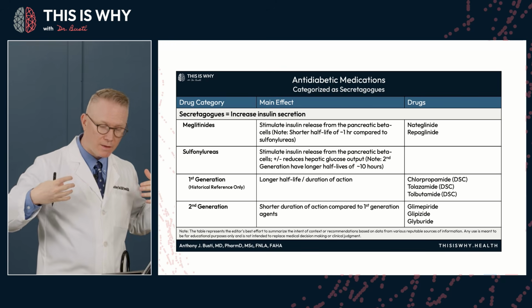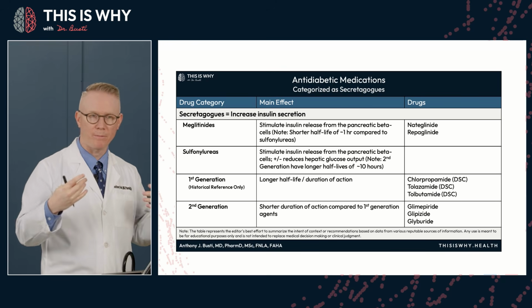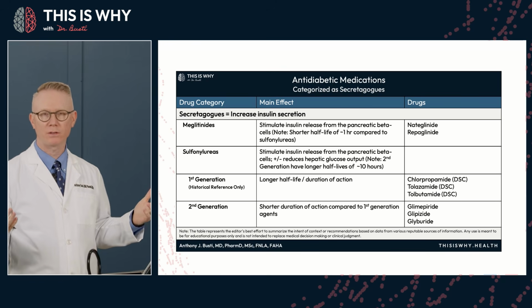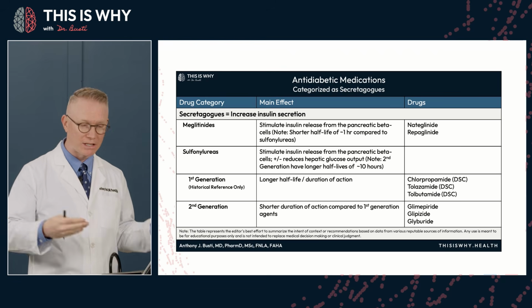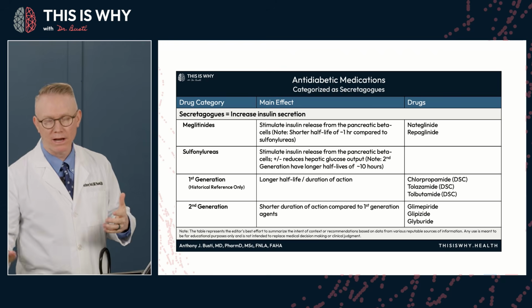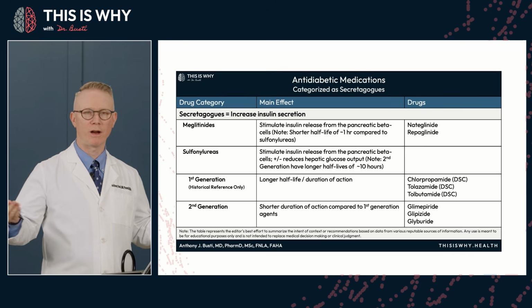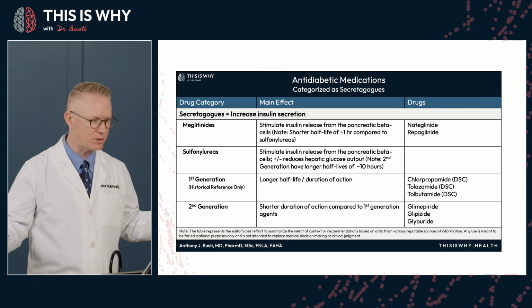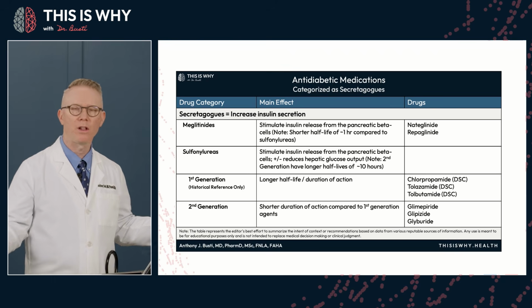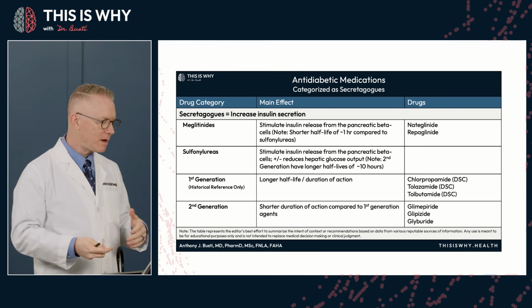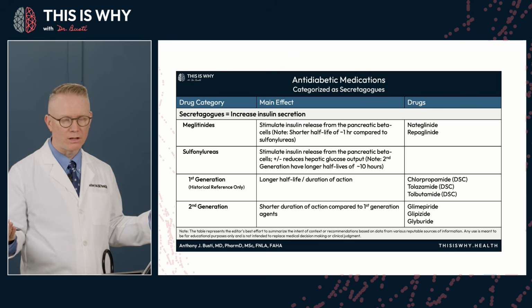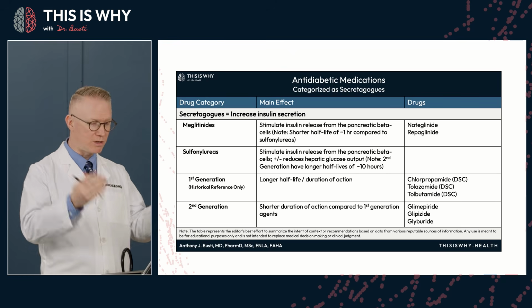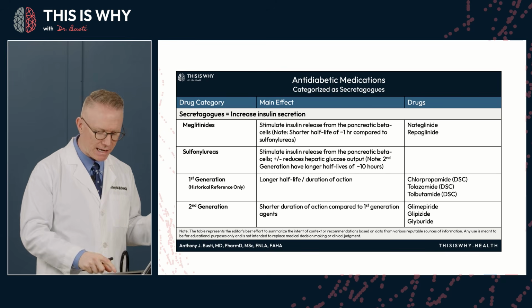So drugs that turn on and stimulate the pancreas to do this at high levels, especially the sulfonylureas, are going to facilitate beta cell burnout. I mean, you just get worn out. It's like running a marathon and being told to run faster at the end of it. You're just going to fall over. Right? Meglitinides, while they have a shorter half-life and don't stick around as long, are also less effective, but they still will facilitate beta cell burnout.